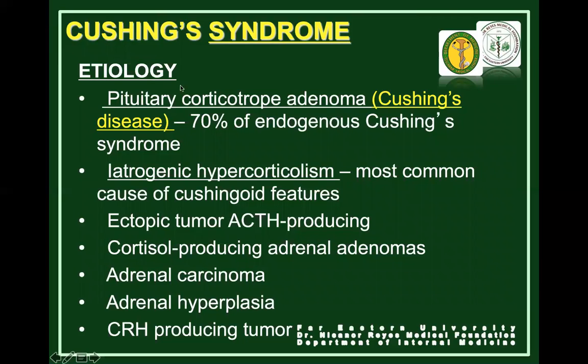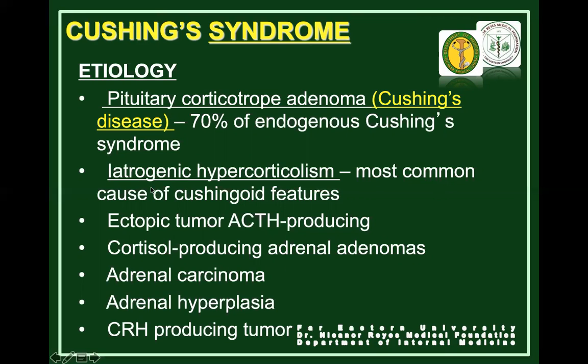So if it is coming from the pituitary, which is about 70% of endogenous, it means the cortisol that is produced within the body. So endogenous hypersecretion is mainly a pituitary corticotrope adenoma, or Cushing's disease. Syndrome means there's excess cortisol, but it can be due to other factors.